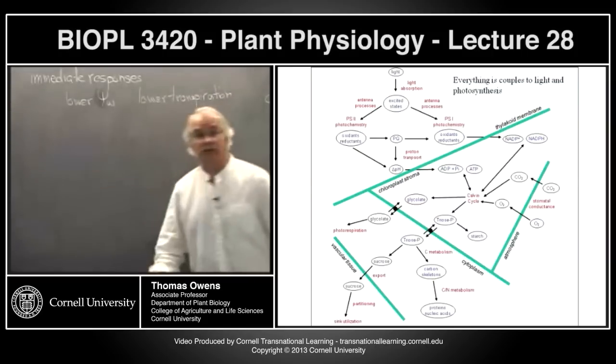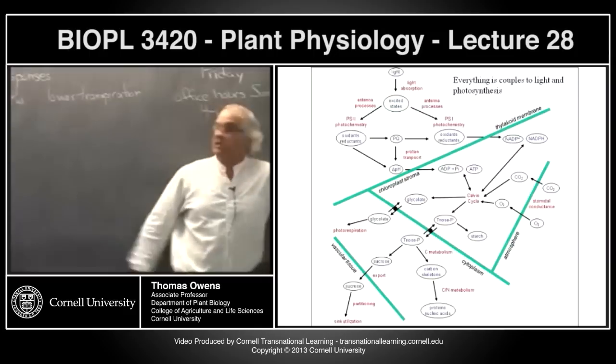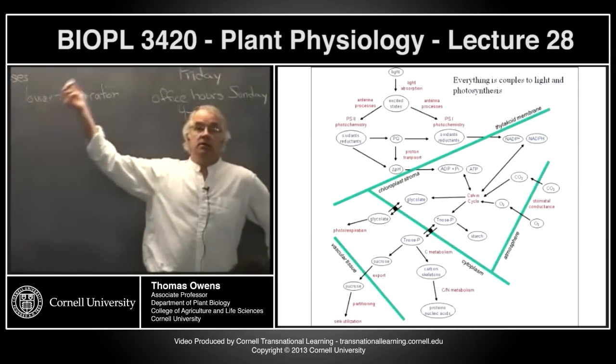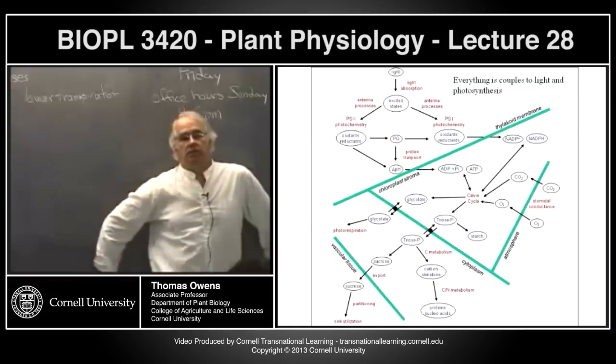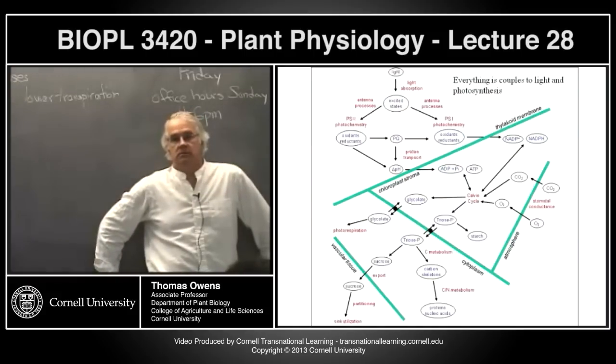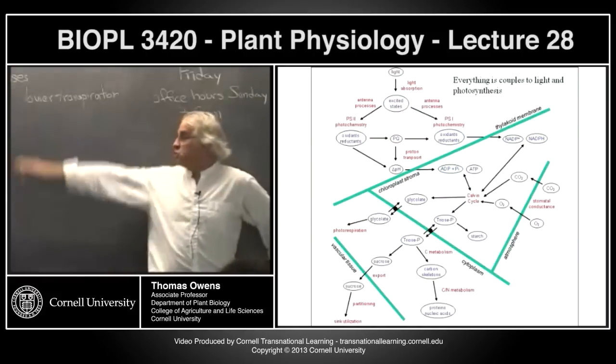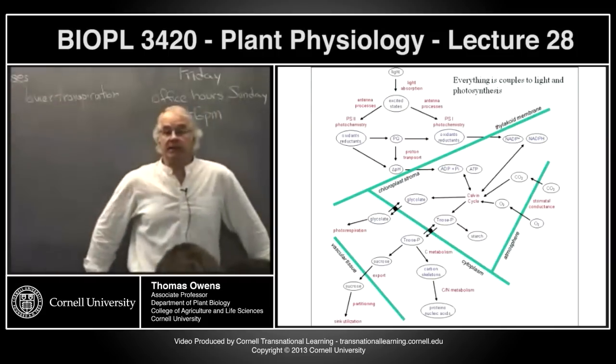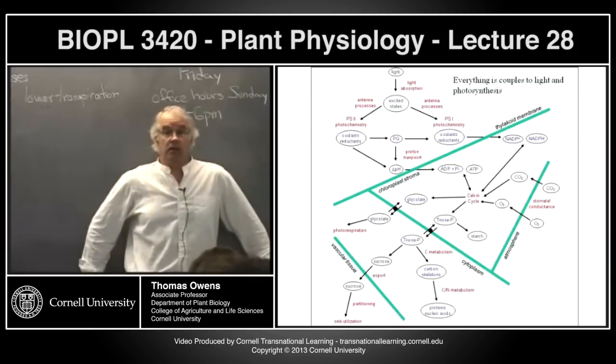How is that lower transpiration accomplished? Is it accomplished in a mechanism that does not require any work on the part of the cells? Should we put this response in this immediate responses rather than in the acclimation responses?